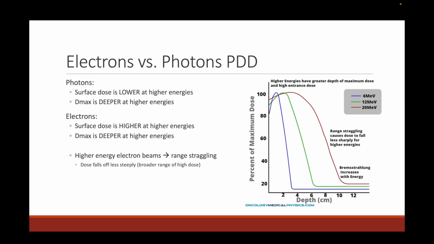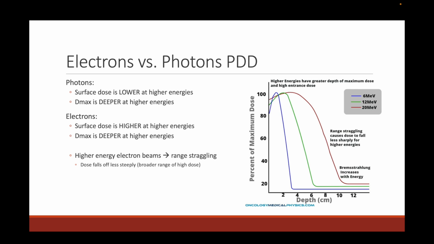With electrons, on the other hand, they are directly ionizing right off the bat, and so their surface dose is going to be higher at higher energies. They still have a buildup region before they get to that depth of D max, but they are still able to have a higher surface dose just since they are directly ionizing.